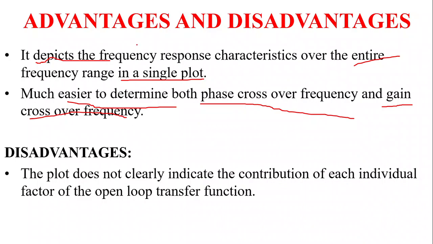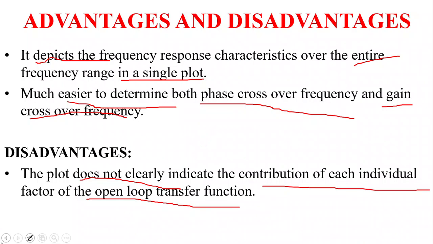So these are the advantages. One drawback of the polar plot is that it does not clearly indicate the contribution of each individual factor of the open loop transfer function.